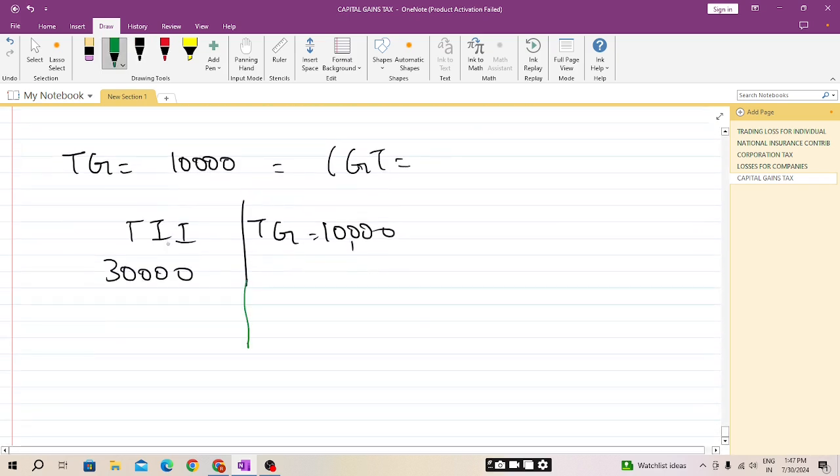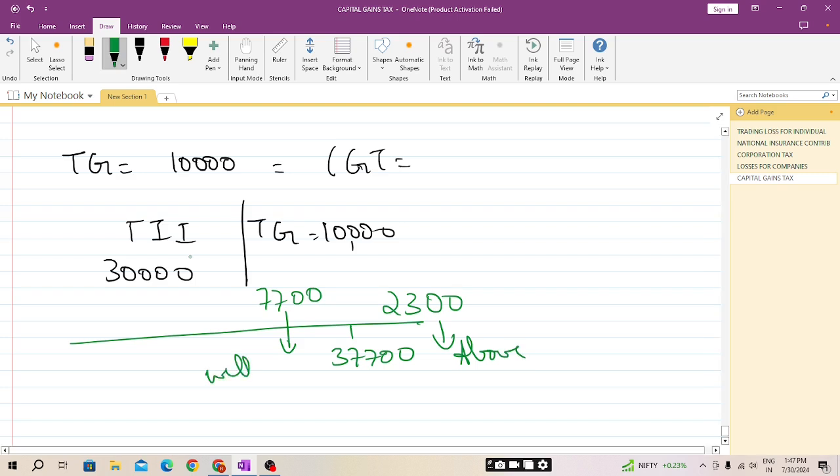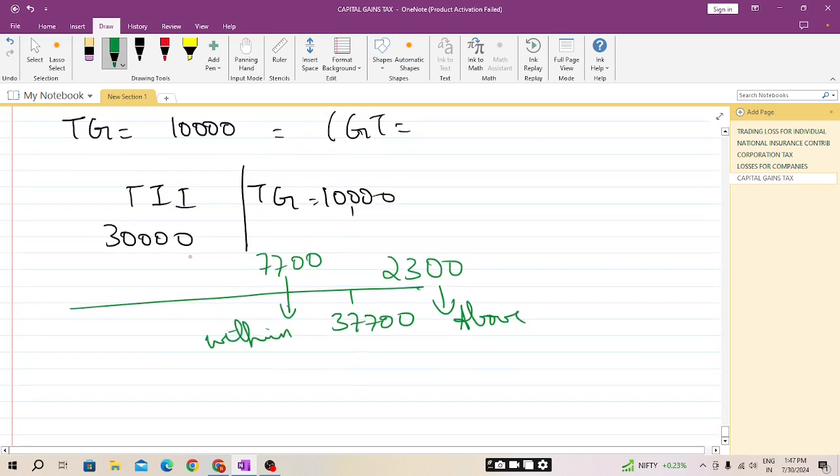Within the basic rate limit, this much of the taxable gain is falling, and above the basic rate band is 2,300. So the CGT will be, students, 7,700 into 10% and 2,300 into 20%.